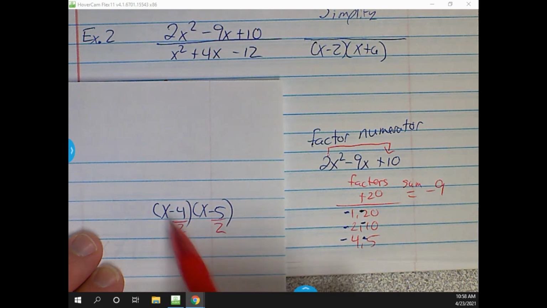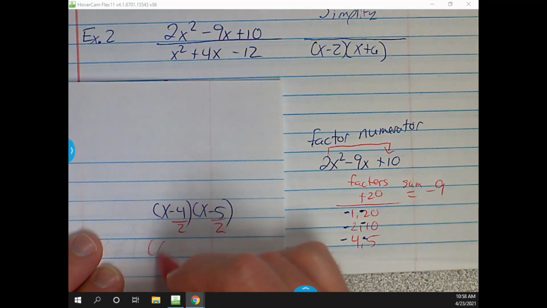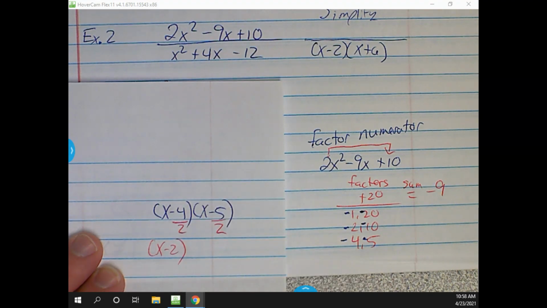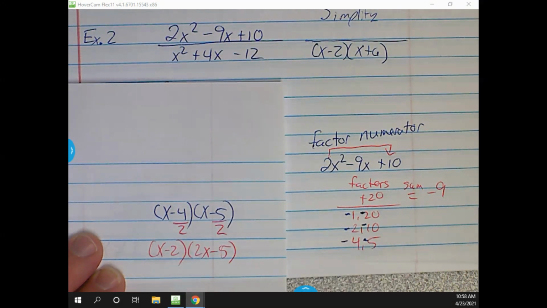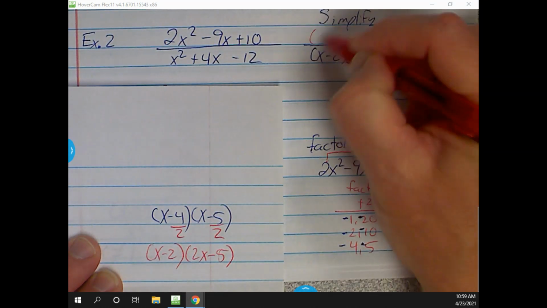Okay, so this one will come out. So 4 divided by 2 is 2. So that's x minus 2. This one doesn't simplify. This is where we do the bottoms up. We move the 2 up in front of the x to make it 2x minus 5. Okay, so there's where we factored our numerator. So that's what we'll get to bring up here.